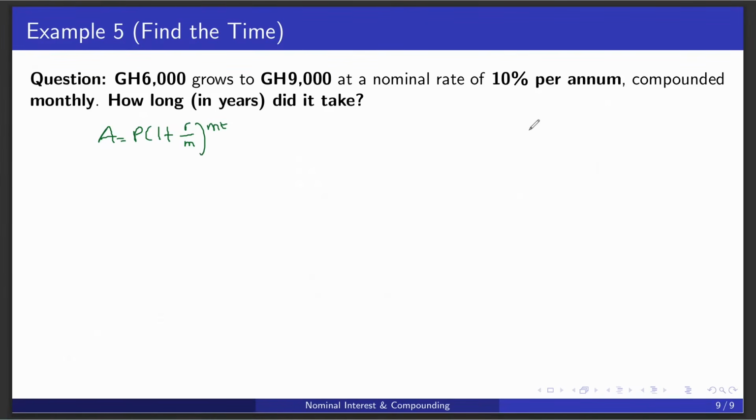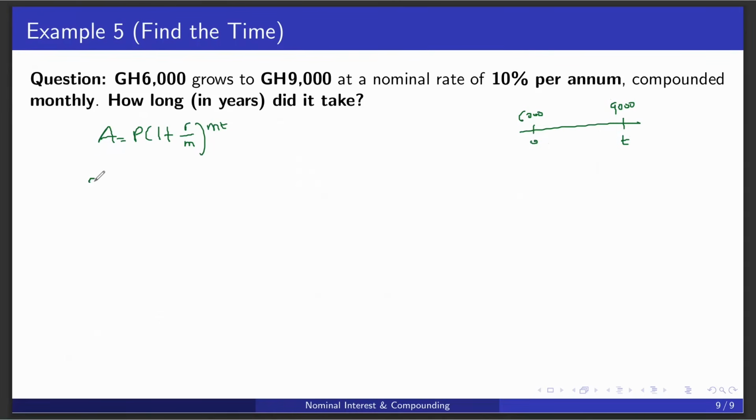Now we say that we are here at time 0 and we are here at time T. That's how long. We want to find how long in years did it take. So we don't know T. What we want is T. So we are here at 0. We put in 6,000. It grows to 9,000 at time T.